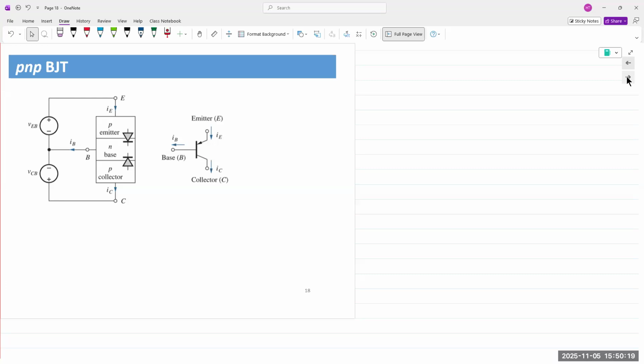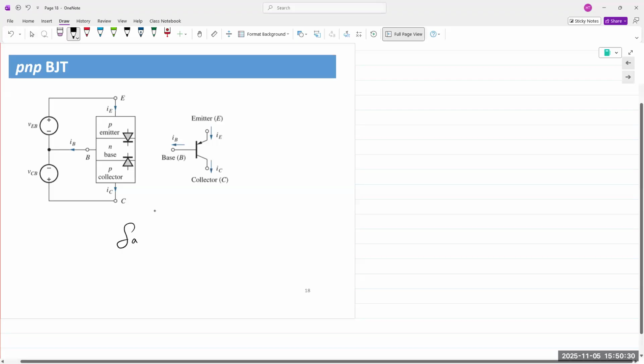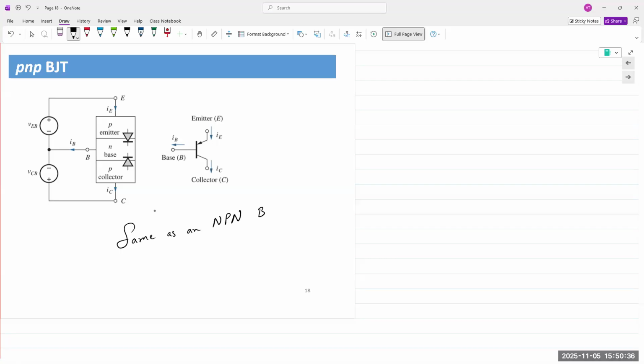Biasing voltages are flipped. Sources are flipped. Everything else remains exactly the same as an NPN. So it is same as an NPN BJT. Electrons and holes are switched.